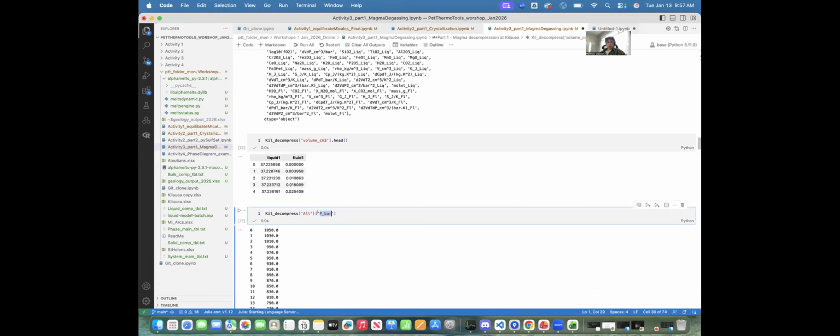You can get the mole fraction of water in the fluid as well from all, and it's the same column headers as what you get in the individual data frames. Okay.